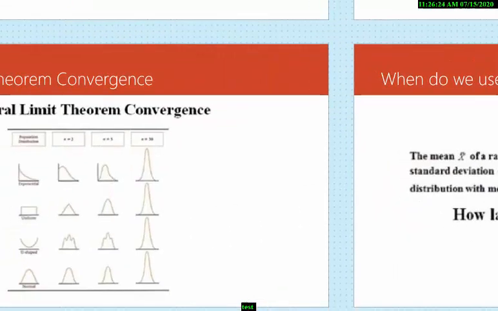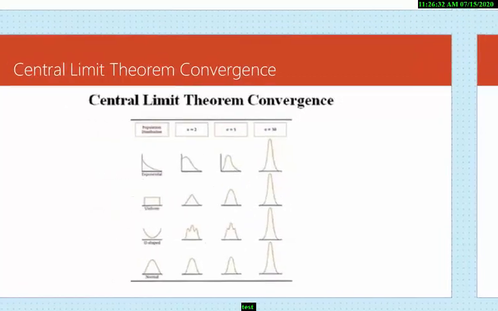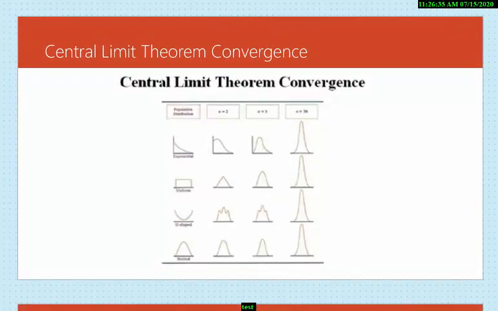Now, if you have different types of distributions that you start with, and right here I have some examples to see them clearly. If you have a population that looks like Poisson, or I don't know, it looks like exponential, let's say.